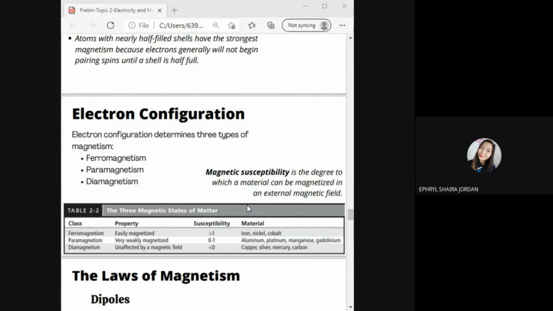So again, ferromagnetic materials have a magnetic susceptibility greater than 1. Examples of this are materials that include iron, cobalt, and nickel.